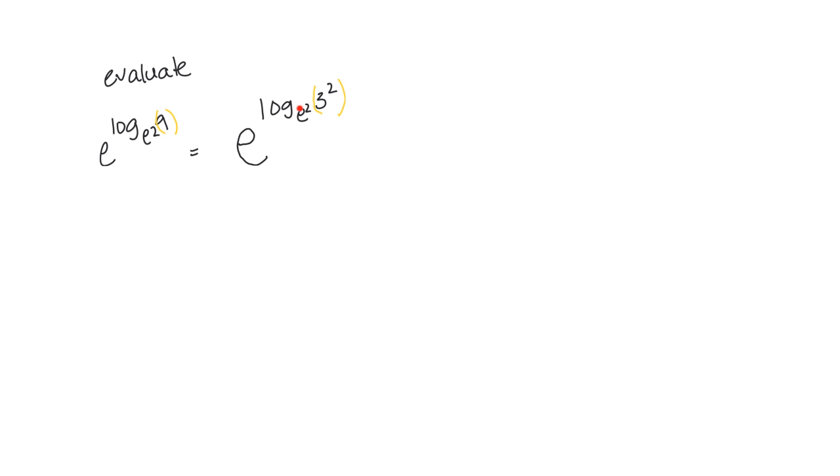So we want to change this base of e squared to a base of e. And so if we do that, we'll have log with the new base of e of the original thing, 3 squared, divided by log with the new base of e of the old base, which is e squared. So I can write that a little bit cleaner as e to the natural log of 3 squared divided by the natural log of e squared. And this was where we used our change of base formula.